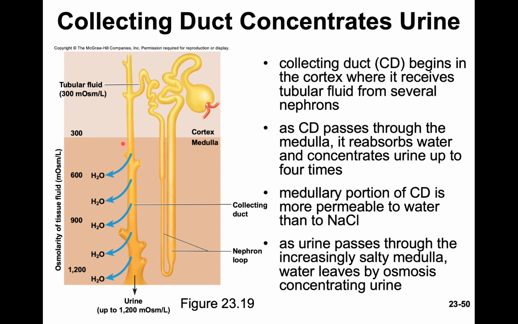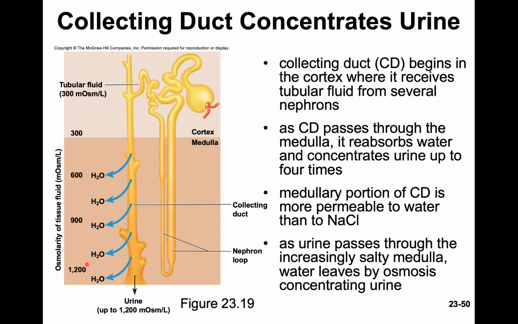The major thing that happens here is that water is reabsorbed. Now, if you recall, something we talked about a lot when we talked about the loop of Henle was the increasing salt concentration as you go deeper and deeper into the medulla. As salt concentration goes up, who's going to want to follow that higher and higher salt concentration?